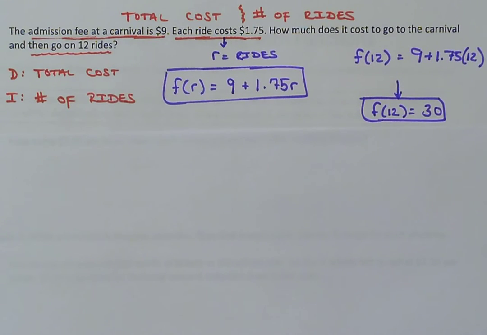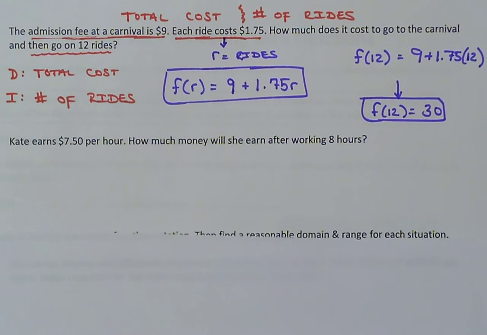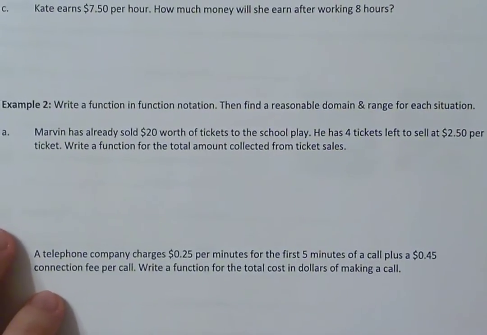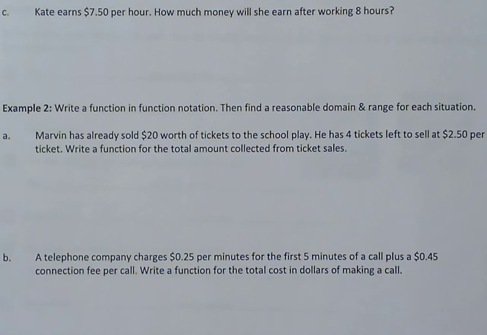Now, example 2c is continuing the same thing. We just have a different situation, and you would run through the same steps. For 2c, Kate is going to earn $7.50 per hour working at her job, and it wants to know how much she will earn after working 8 hours.